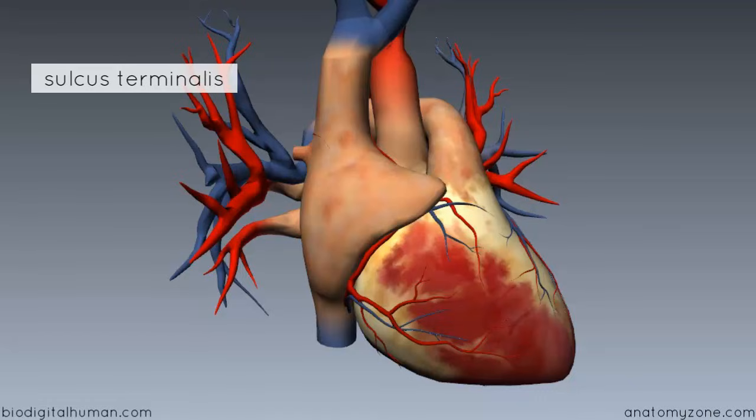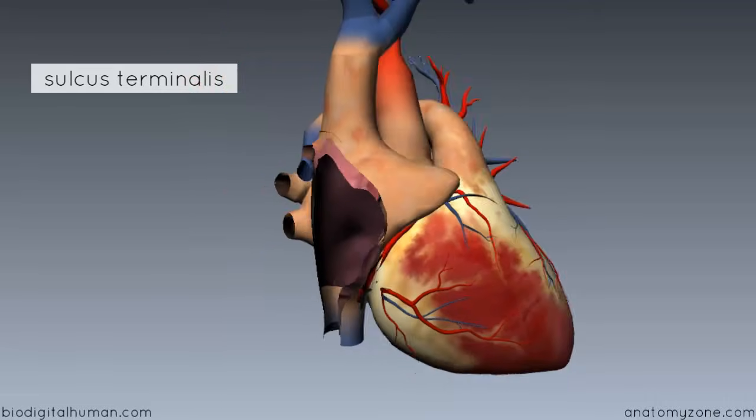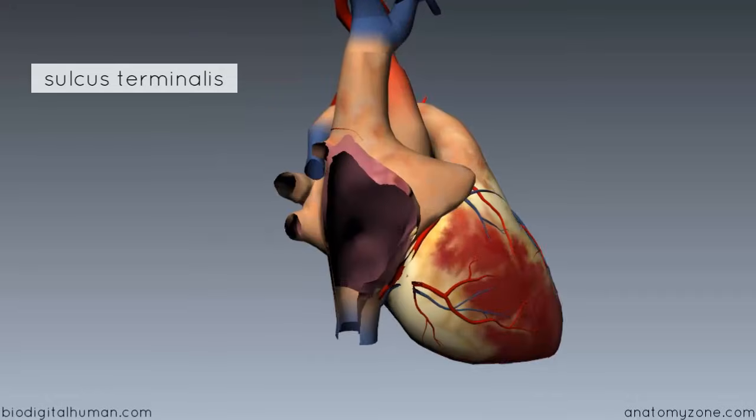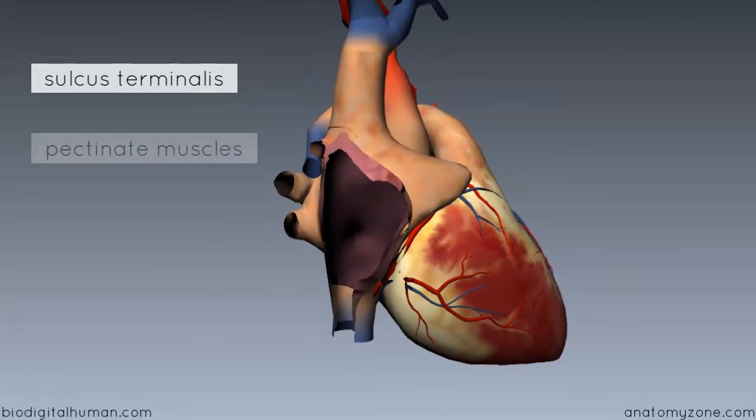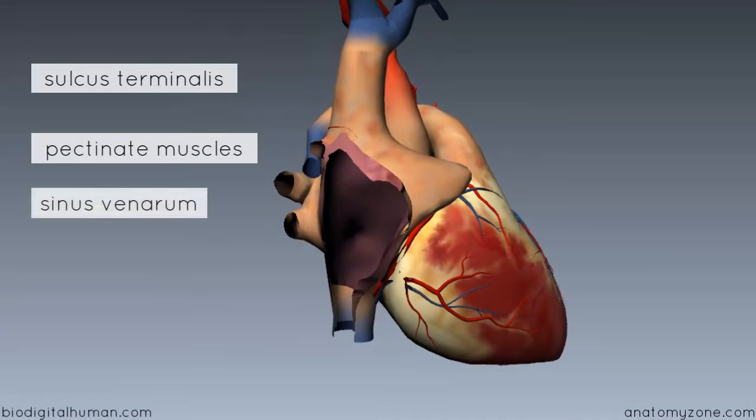So you've got this vertical groove here called the sulcus terminalis, and this externally marks the two divisions of the right atrium. What this line does is separate the right atrial pectinate muscles from the sinus venarum.